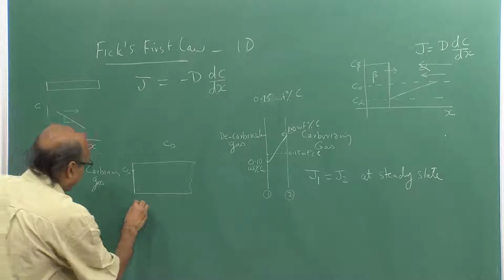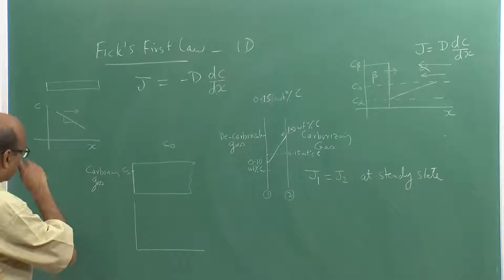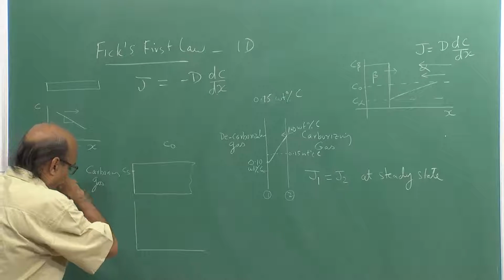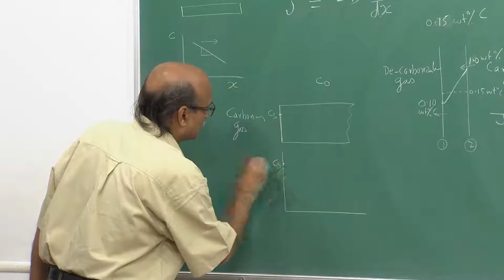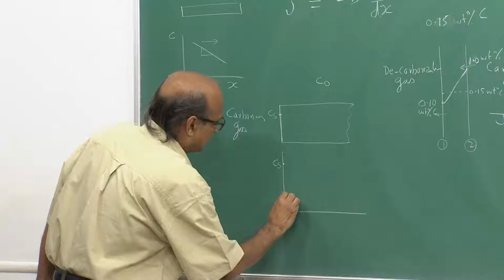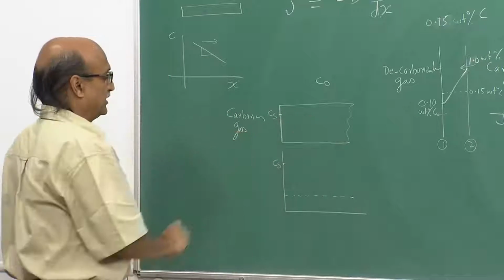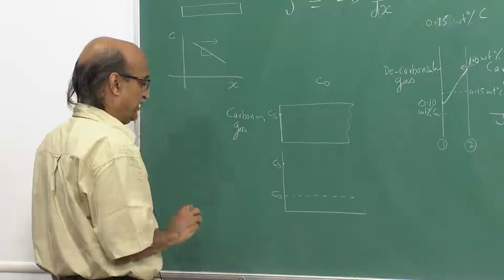So, if I plot how the carbon concentration varies at different times, so this is my fixed surface concentration. At time t equal to 0, the carbon content in this mild steel rod is simply C0 everywhere.